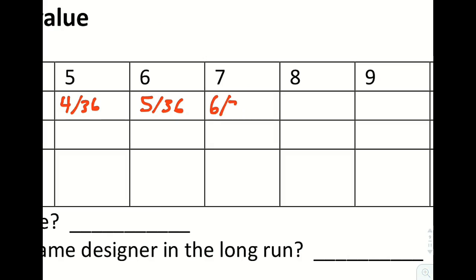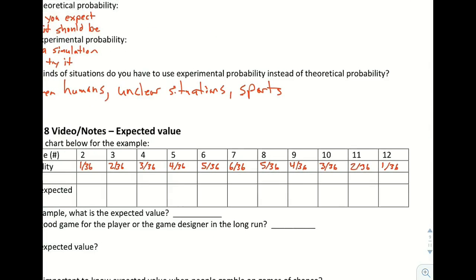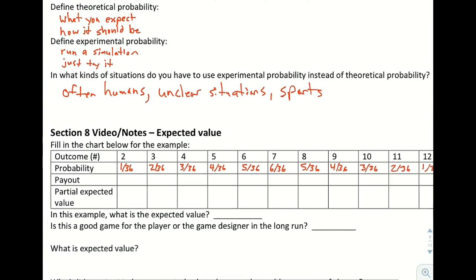So we get to 6 out of 36, and yes, that reduces to 1/6. For this case, I don't think it matters at this point. So then we're going to start counting down. 5, 4 out of 36, 3 out of 36, 2, and 1. And so now you have all the different probabilities entered in.